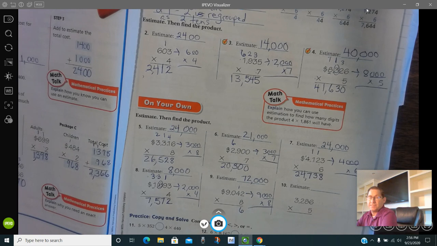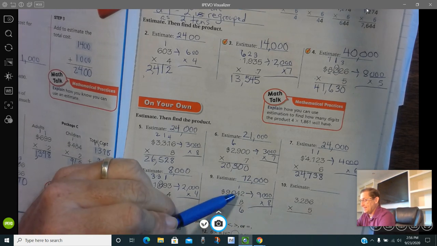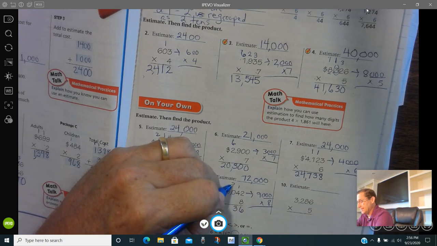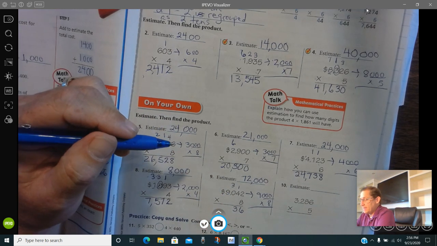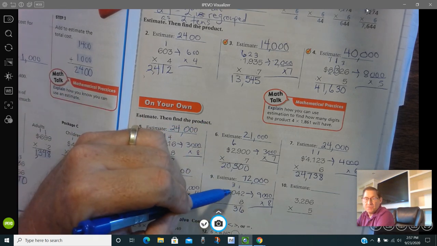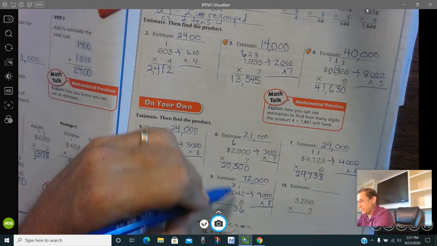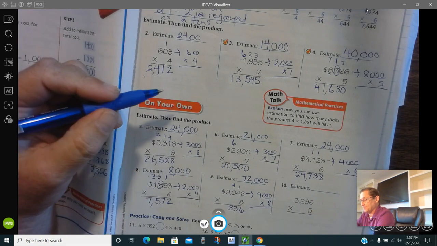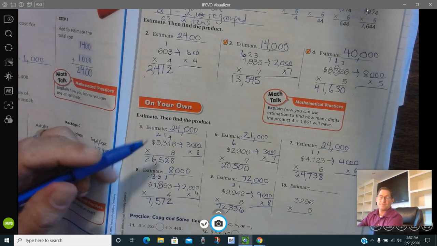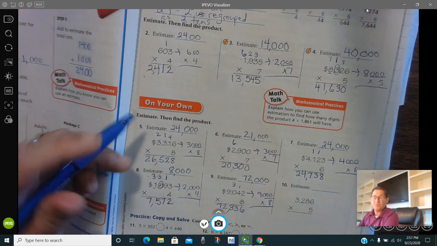Regroup 10 of those 16 ones as a 10. 8 times 4 tens is 32 tens, plus 1 more is 33 tens. Regroup 30 of the 33 tens as 300s. 8 times no hundreds is 0, plus 3 more is 3. And then 8 times 9, 72. And that is very close to 72,000.